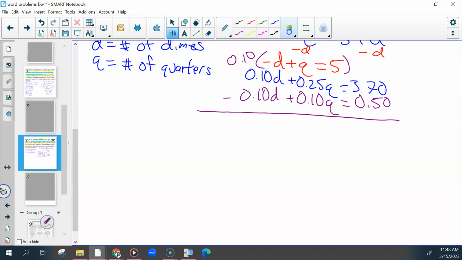To eliminate the D's, would we add or subtract? Add. They're opposite signs, so these would cancel. This would become 0.35Q. This would become 4. And then divide. How many quarters do we have?